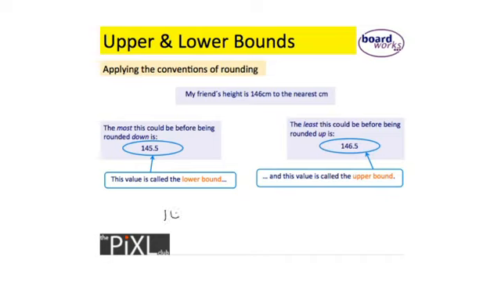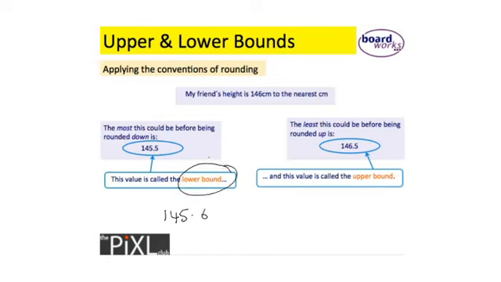Similarly, if she was 145.6, she would also round up. 145.7, she would also round up. This value here is the one we're interested in, 145.5, and it is called the lower bound.